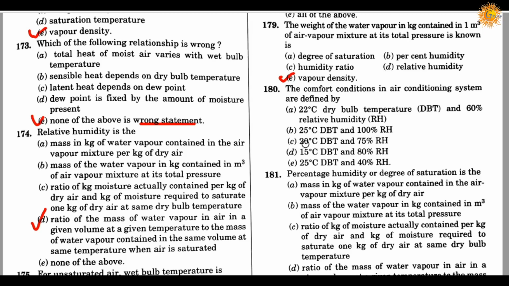Option C, 20 degrees centigrade DBT and 75% RH. Option D, 15 degrees DBT and 80% RH. Option E, 25 degrees centigrade DBT and 40% RH. So the correct answer is A, because it will be 22 degrees centigrade dry bulb temperature and 60% relative humidity.